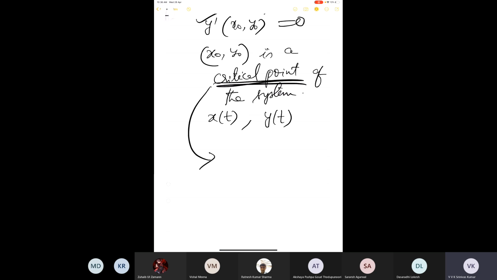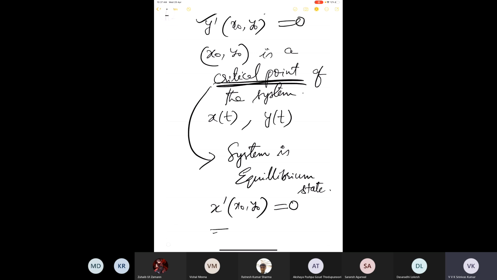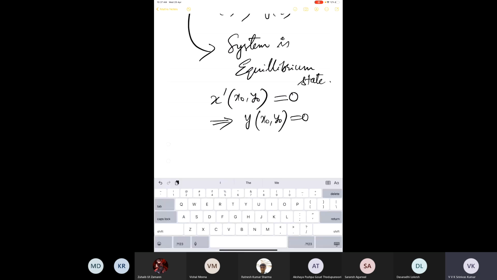These critical points are the points where the system has a steady state or equilibrium. Why? Because x' at (x0, y0) equal to 0 implies that x' is y, so y at (x0, y0) is equal to 0. That means there is no velocity, where y is the velocity.